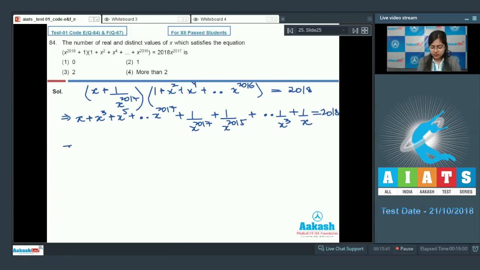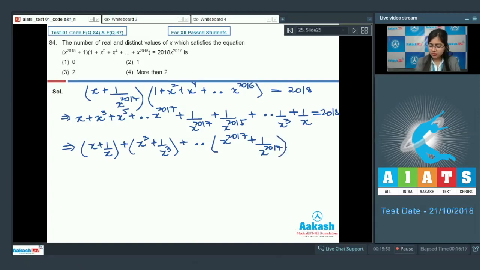Now clubbing the terms x and 1 by x plus x cube plus 1 by x cube plus up till x raised to the power 2017 plus 1 upon x raised to the power 2017 is equal to 2018.